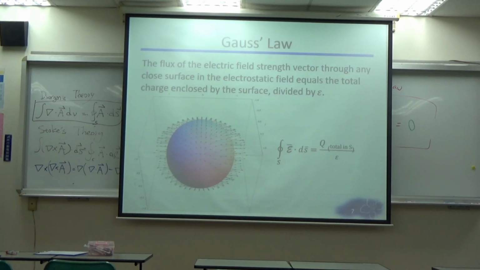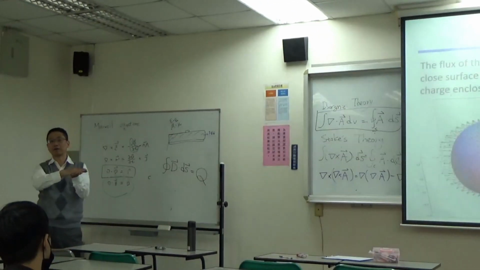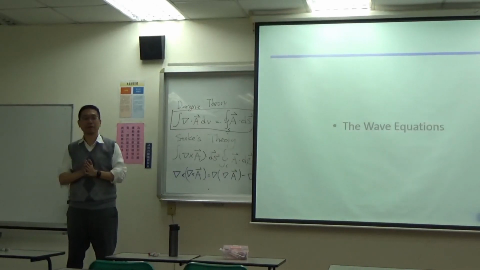If the height of this one goes to 0, we can still call this a closed surface. But because the height is 0, you can make it easier. You deal with only the top area and the bottom area. There are only two areas you need to deal with.